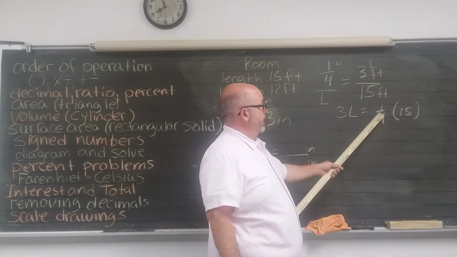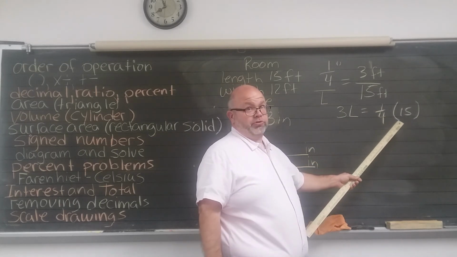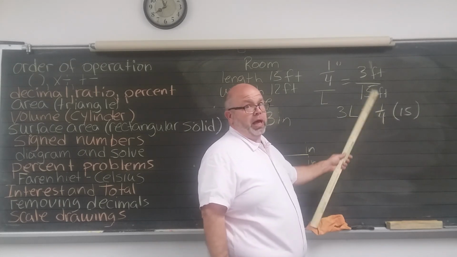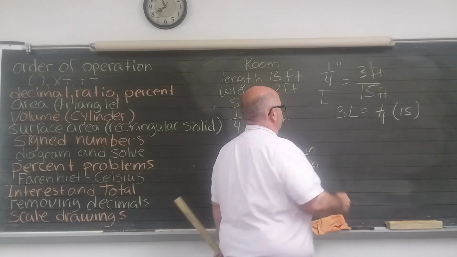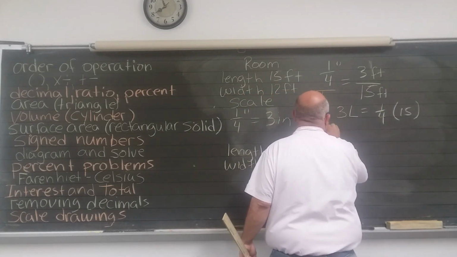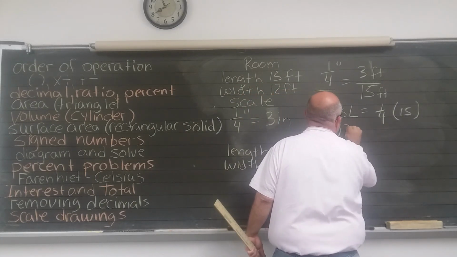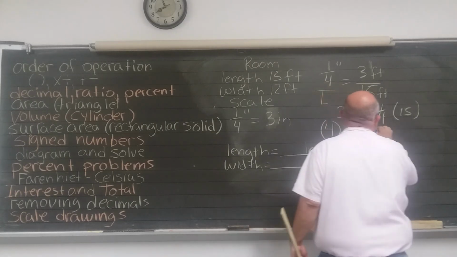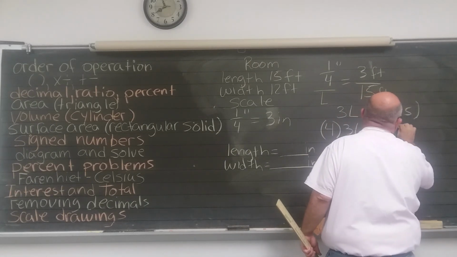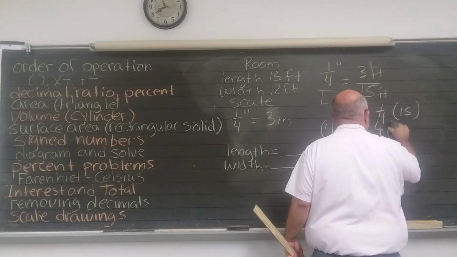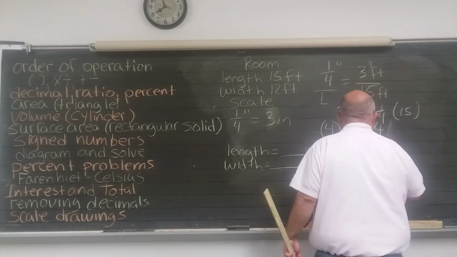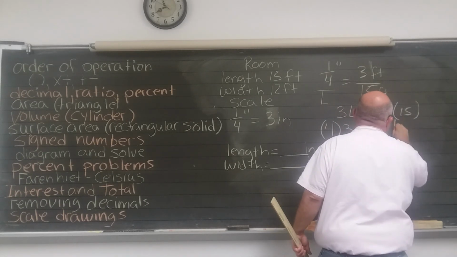You get rid of it by multiplying both sides by the denominator. 4 times 3L equals 4 times 1/4.